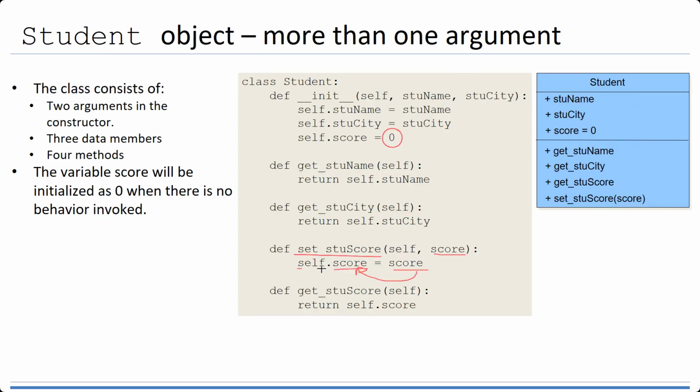So the score will be saved into the object. For example, if I have S1, then the score will be only for S1. Get student score. Now I can check what is the score of the particular student.